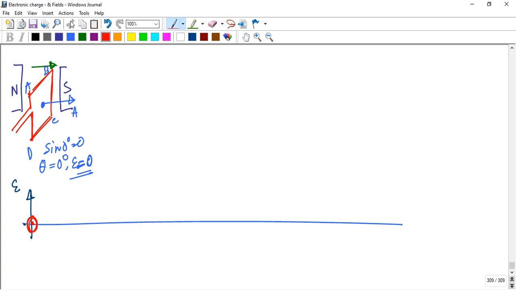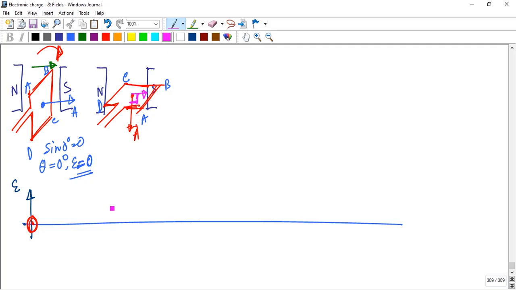Now suppose rotation in the clockwise direction. Now A, B, C, D. Now the area is in the downward direction, and the field in that direction, the angle is 90 degree.